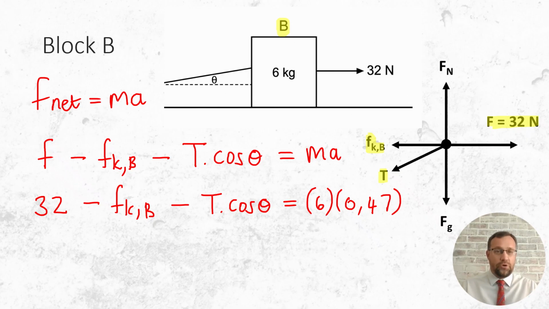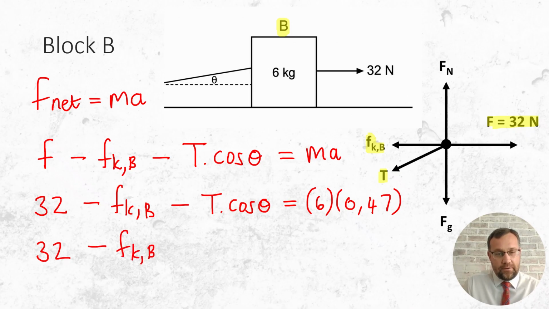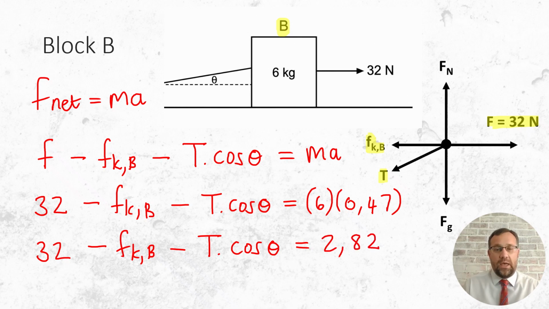Remember that both blocks have the same acceleration. So we can then simplify this to 32 minus FKB minus T times cos theta, which is equal to 2.82. And we'll refer to this as equation number 2.